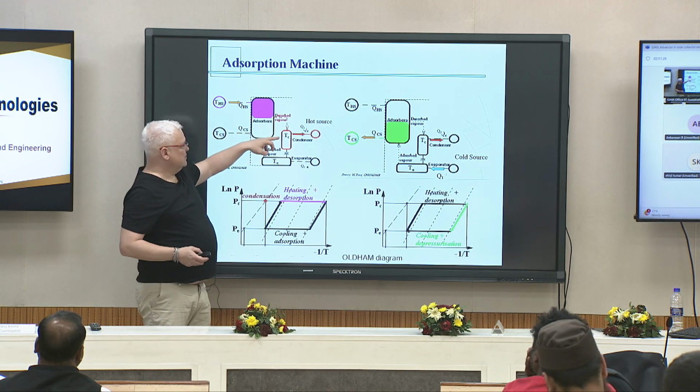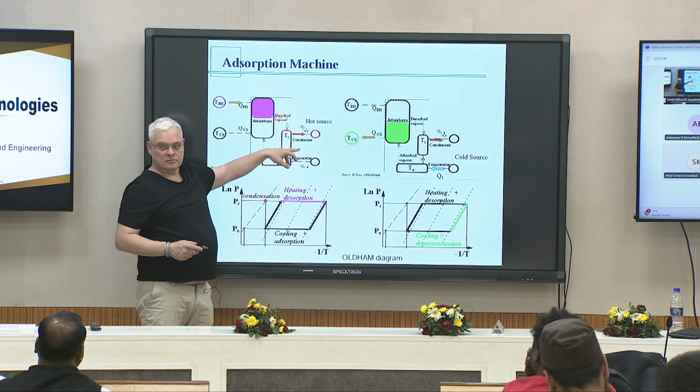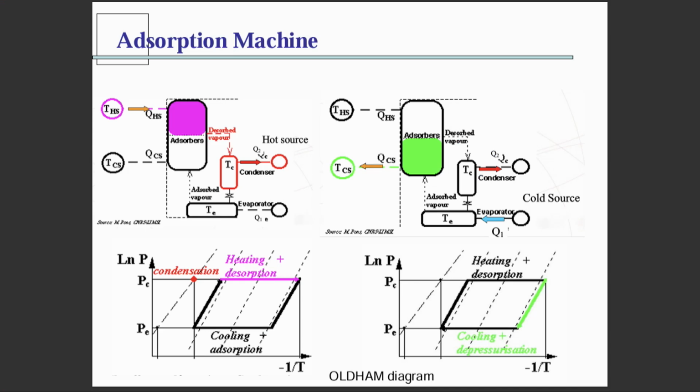Then you bring the vapor into the condenser, and at the condensation point, when the vapor is condensing, it generates heat. Then you have the pressure loss chamber here, to go down in pressure, and you arrive at the evaporator.